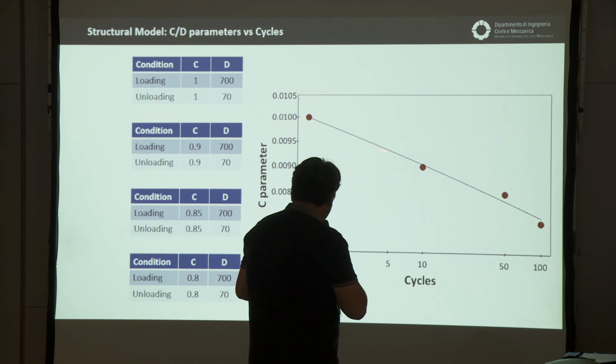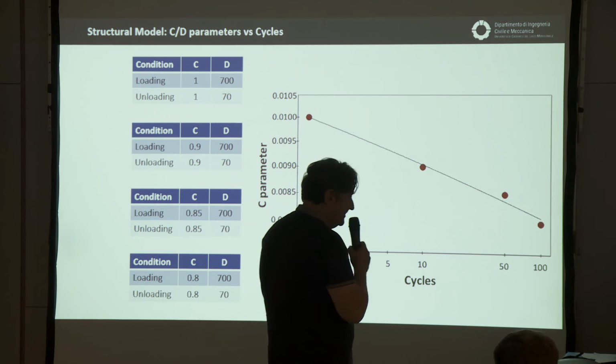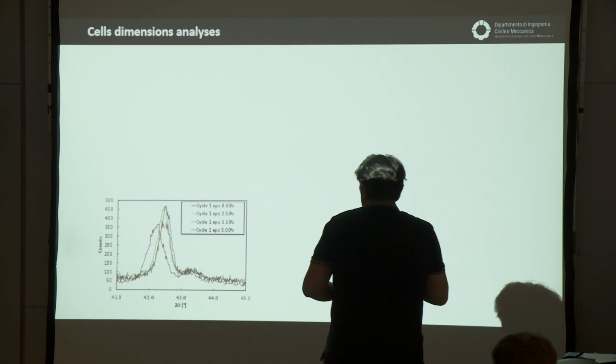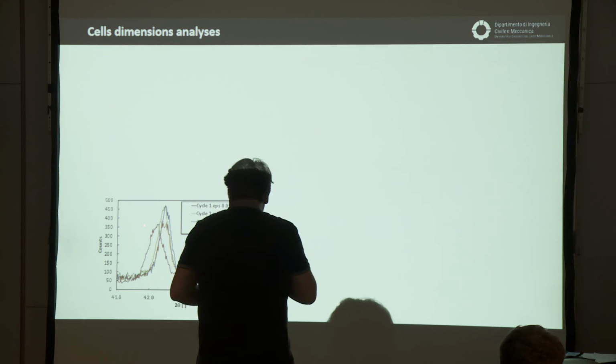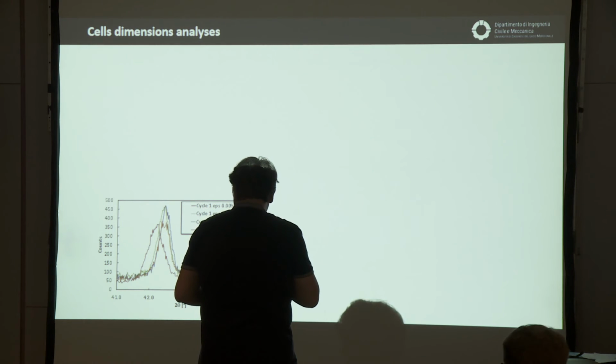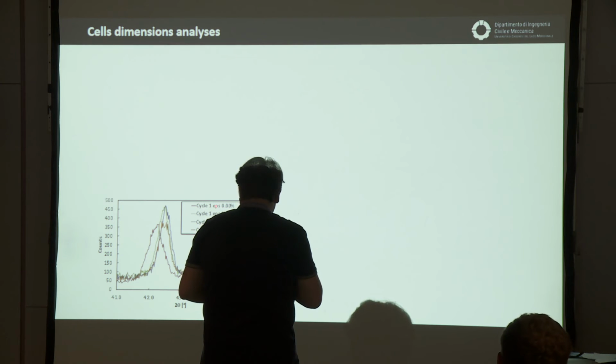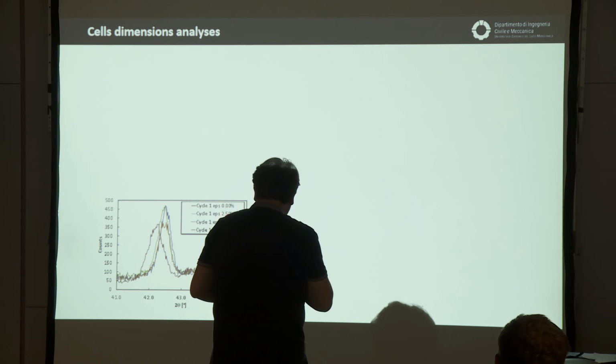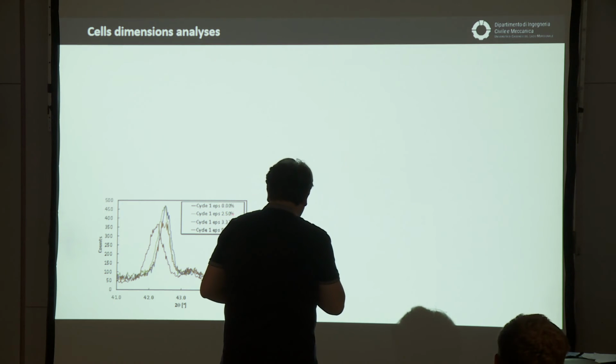Plotting the parameter C in the double logarithmic scale, you can see a behavior similar to the Wheeler one. So, analyzing the first values of deformation, you can see that at 0% deformation we have this peak that moves to higher angle values when the deformation is 2.5%.